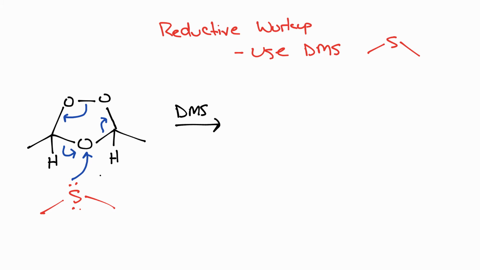So if we draw the products from this, we end up with, on this side, a carbon-oxygen double bond, hydrogen, so that's an aldehyde. On the other side, due to symmetry, we actually end up getting the same thing.